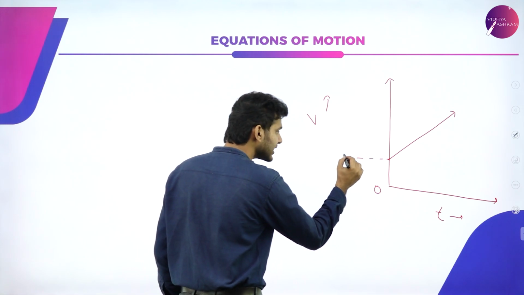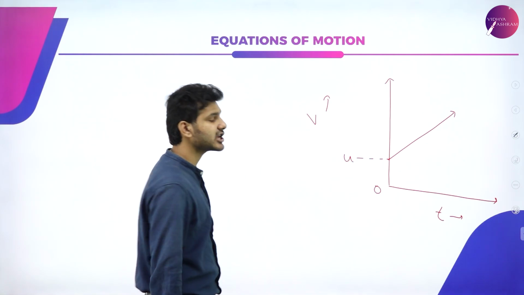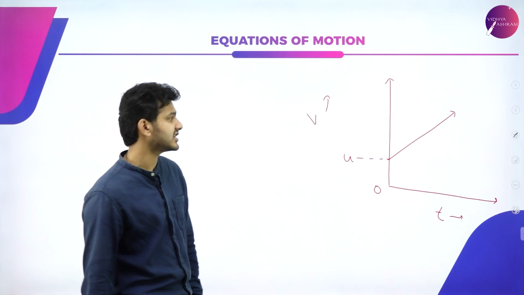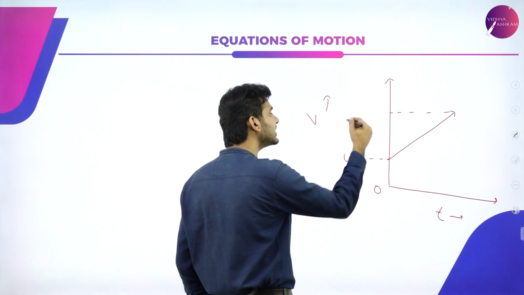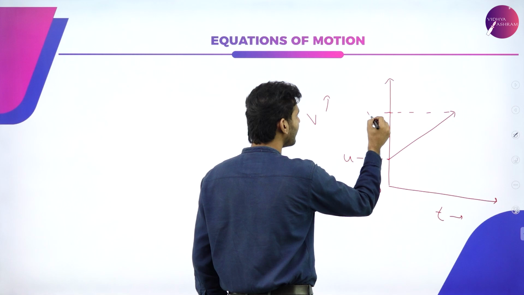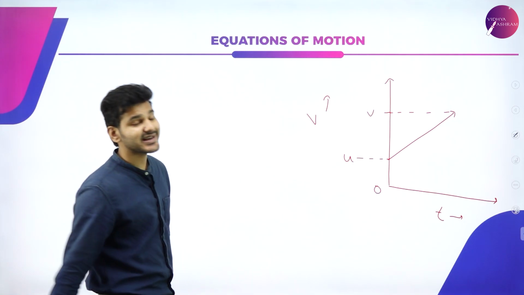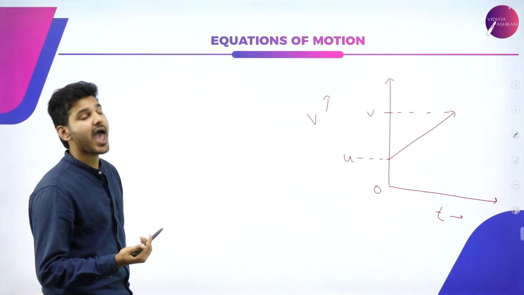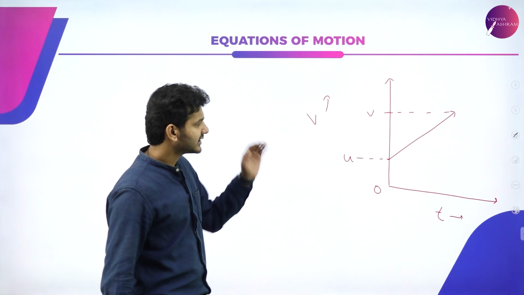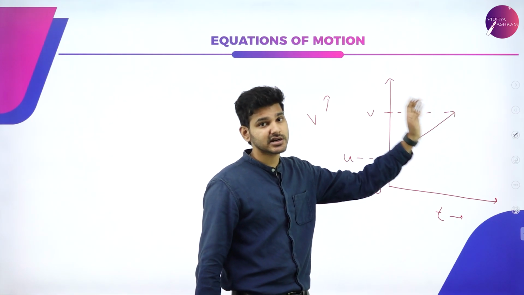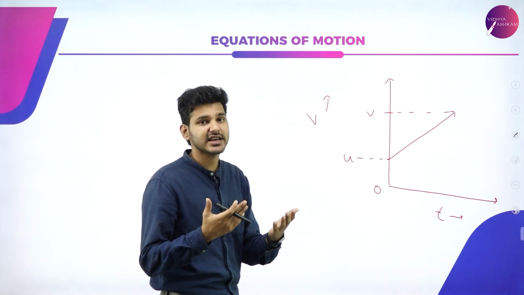Let's say here in this particular case, I'm taking U as the initial velocity, and let's say that this particular final value, let it be V. So it started with an initial velocity U and finally it had a velocity of V. Remember, this is not abruptly ending here. I'm just using this for explaining purposes.